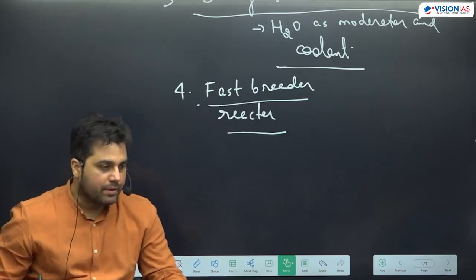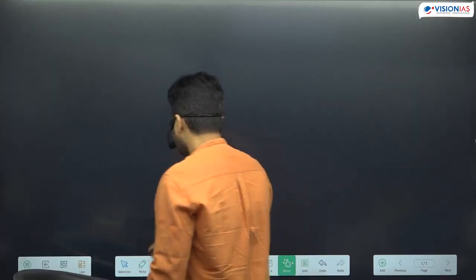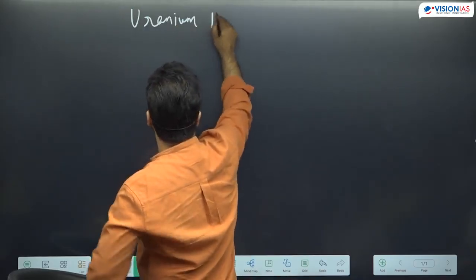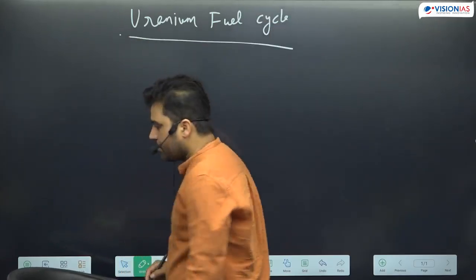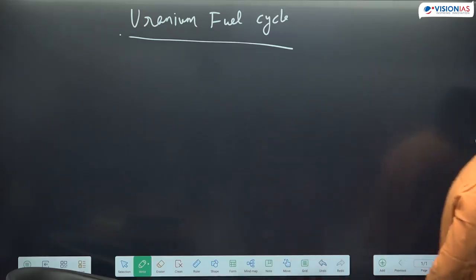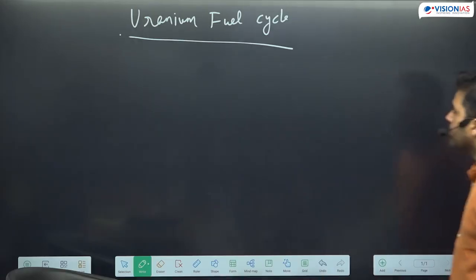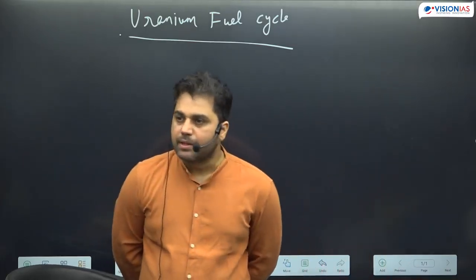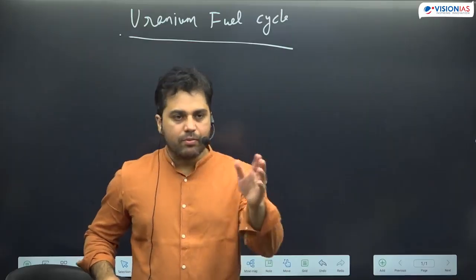Give this heading: uranium fuel cycle. Whatever fuel we use, let's say you're using coal as a fuel in a thermal power plant, that coal will undergo a lot of processes.